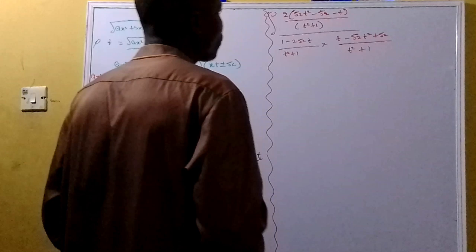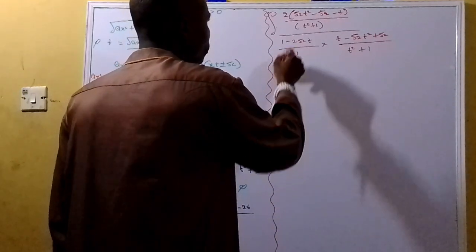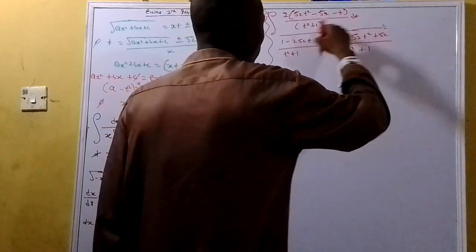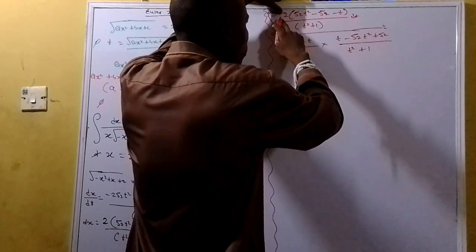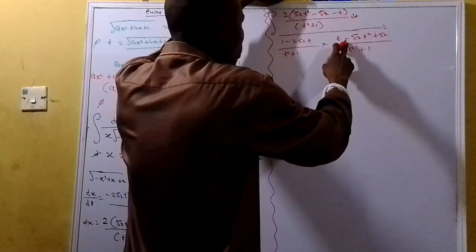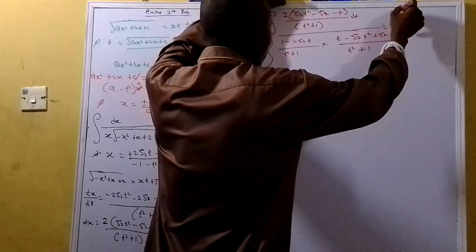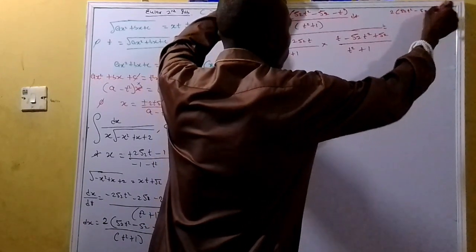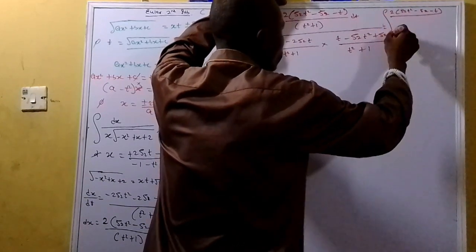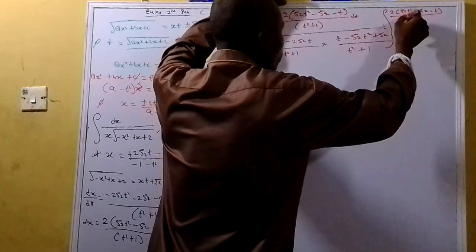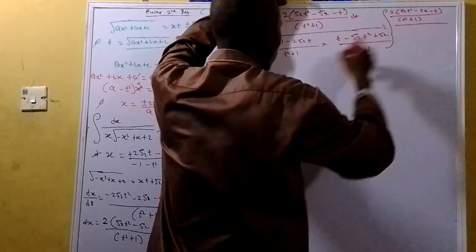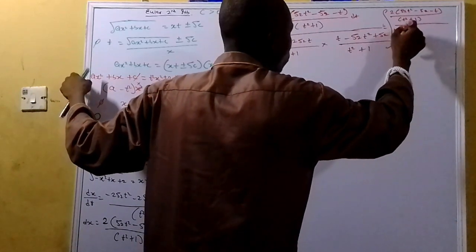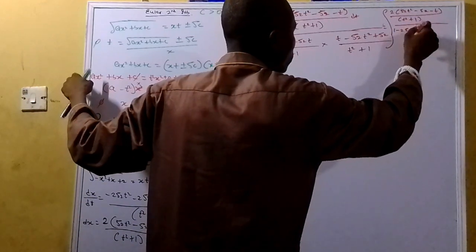So having this, you should know this would be equals to, let me see if this can continue. You have your dt, do not forget. So I think let's imagine this to look like this. And how do we make it look like that? You have your 2 into brackets, your root 2 t squared minus root 2 minus t over our t squared plus 1, then over this times this it becomes 1 minus 2 root 2t.